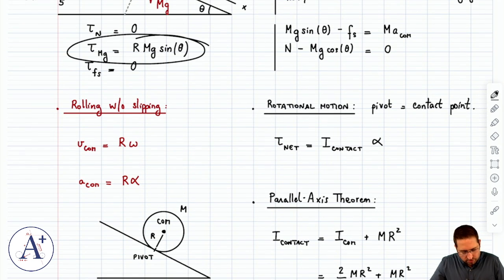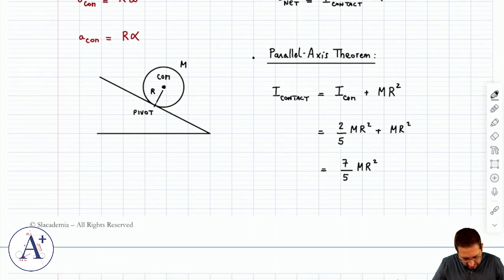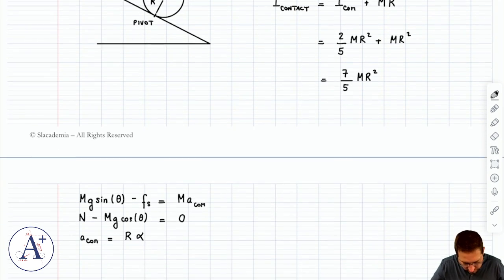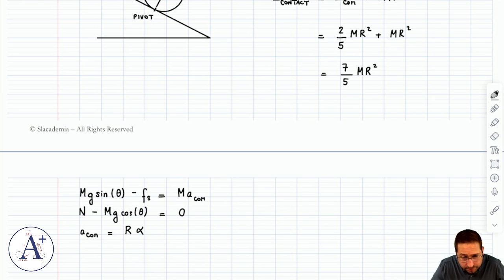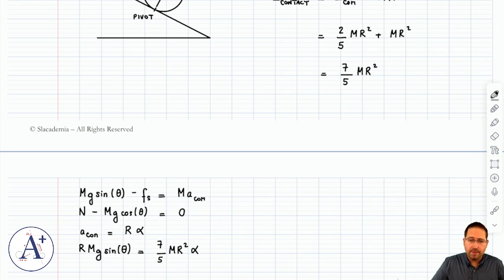Torque net is r m g sine theta, and I is this. Okay, so I'm going to have r m g sine theta, that is my net torque, is equal to moment of inertia 7/5 of m r squared times alpha.